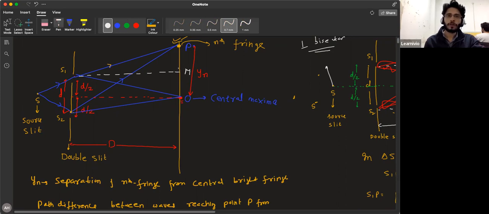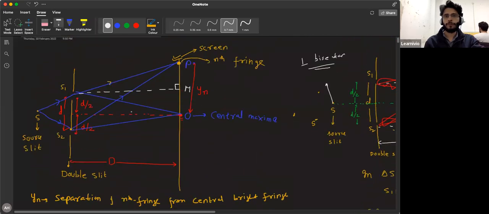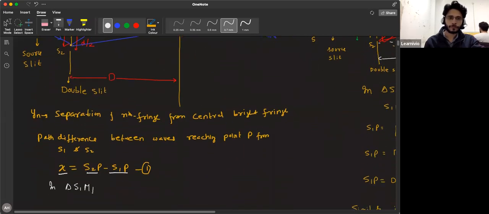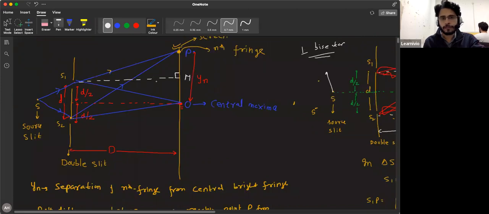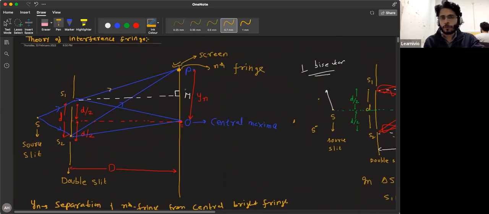The name of the perpendicular foot is M. So in triangle S1MP, see, in this triangle, this S1M is equal to capital D. If you want to calculate MP, from O to P this separation is Yn, and from O to M this separation is d by 2.